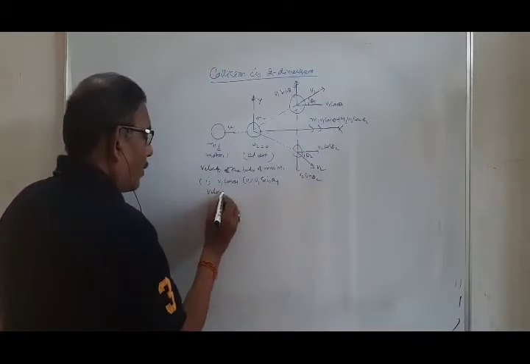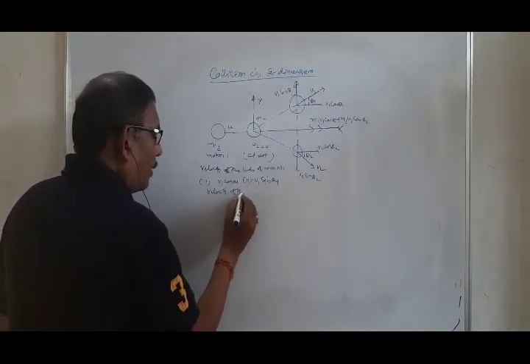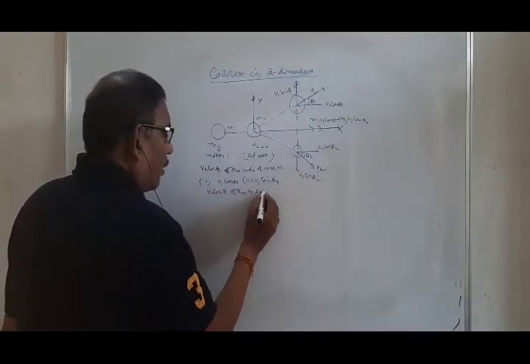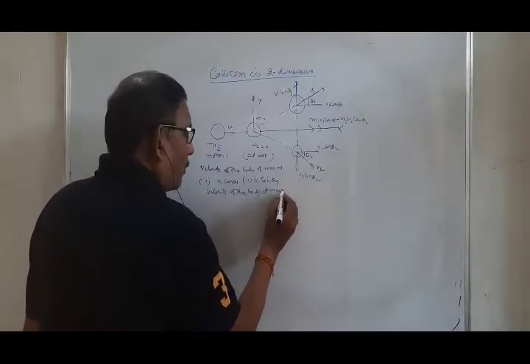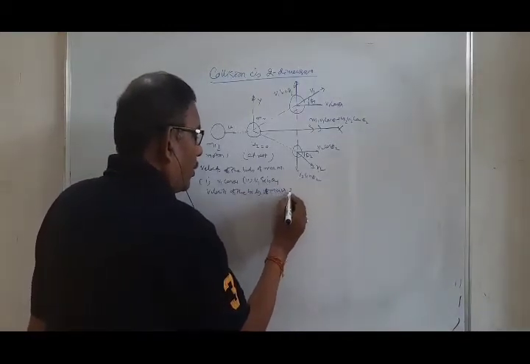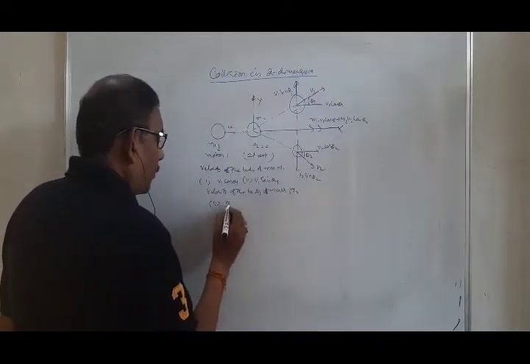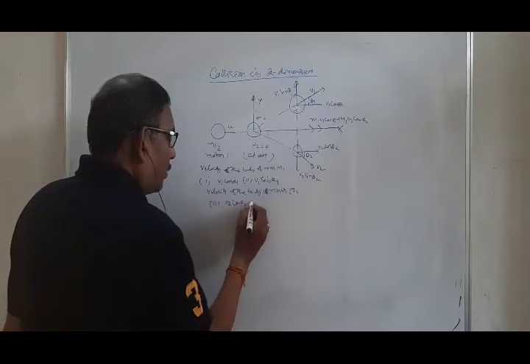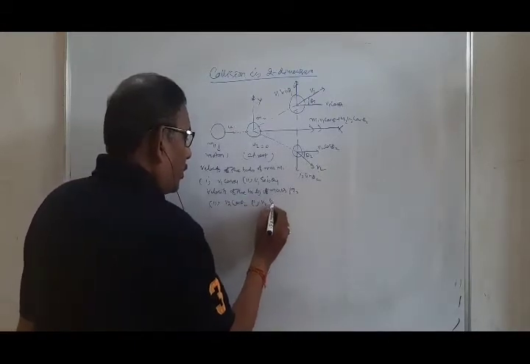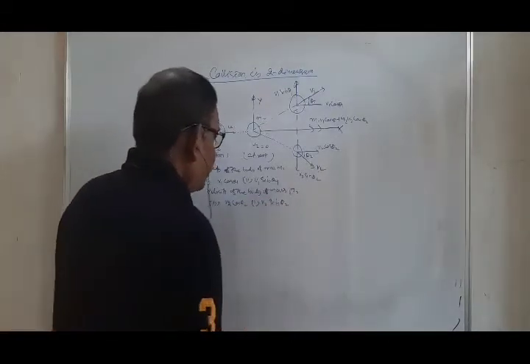Similarly, the velocity of the body of mass m2 is v2 cos theta 2 and v2 sin theta 2.